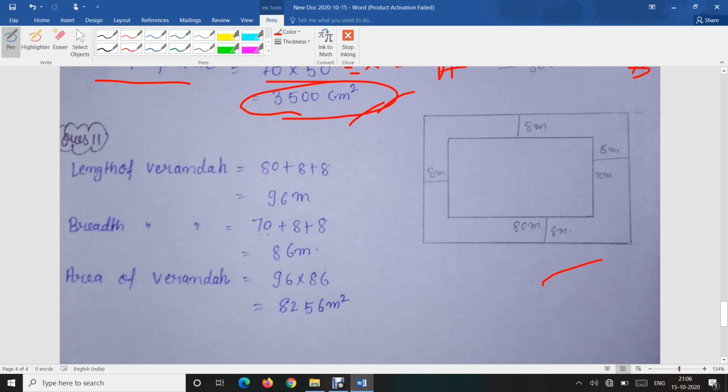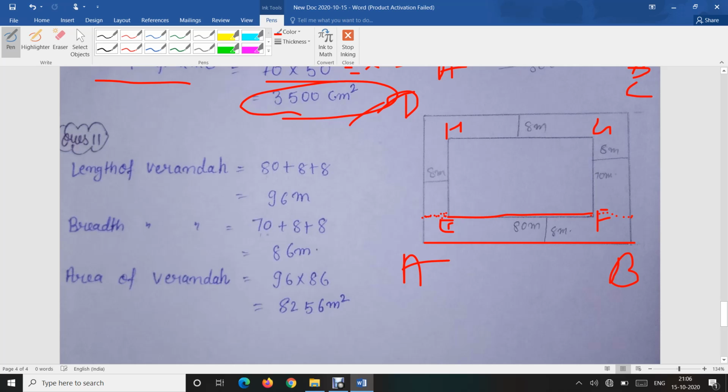See, the diagram is clear to you because I already explained it. Again, this is A, B, C, D and this is E, F, G, H. You have length from E to F as 80 meter, but the required length is A to B. So you have to add that portion, also that portion.